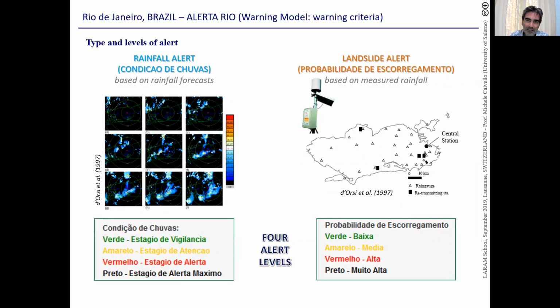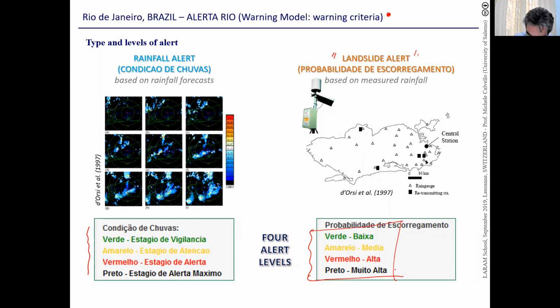I can say that the landslide alerts are a component of Alerta Rio. Why? Because they also have rainfall alerts in 4 levels. So again, we are thinking about warning criteria. The 4 levels of the warning criteria are green, yellow, red, and black.